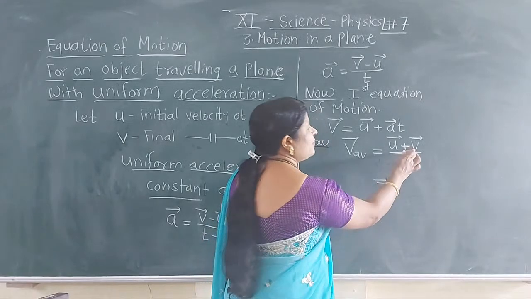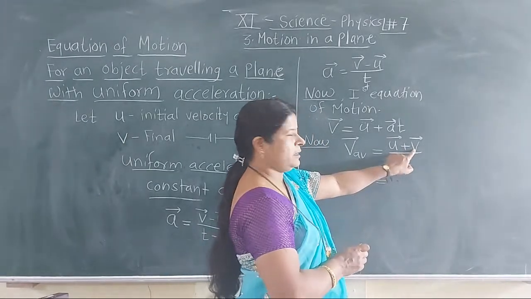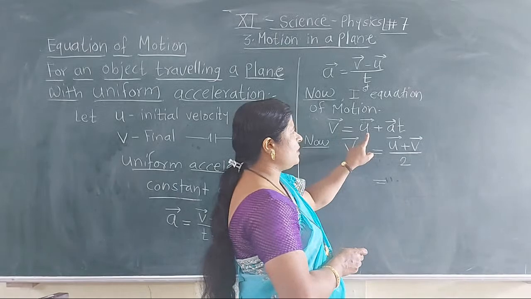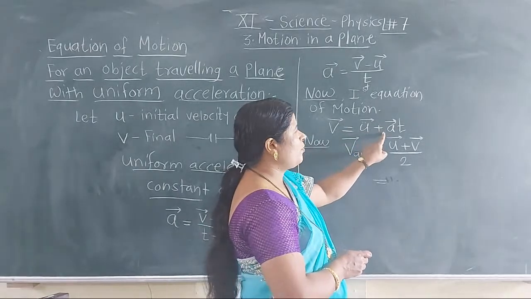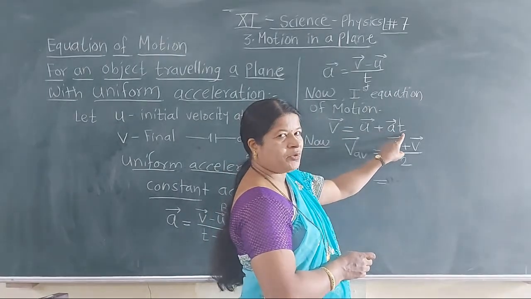Now we know the value of v: vector v is equal to vector u plus vector a into t.